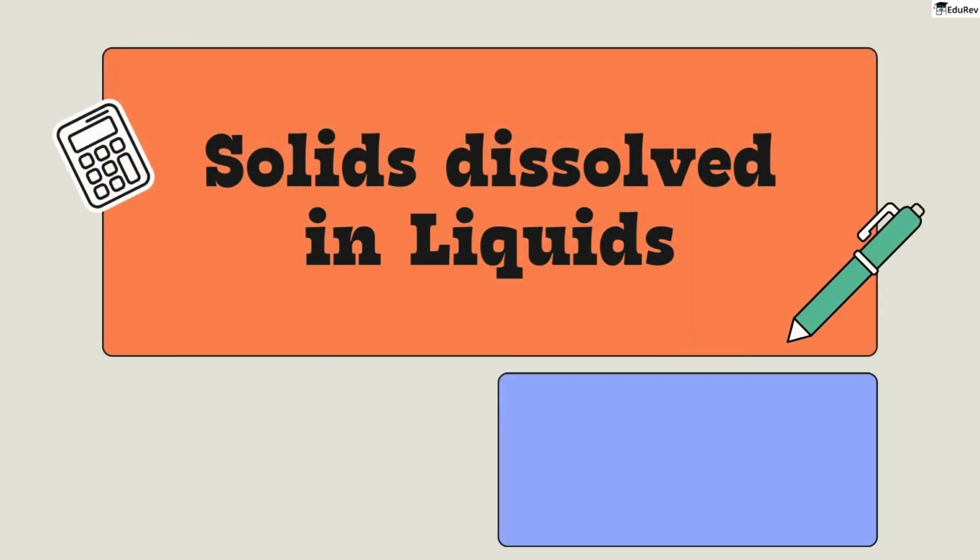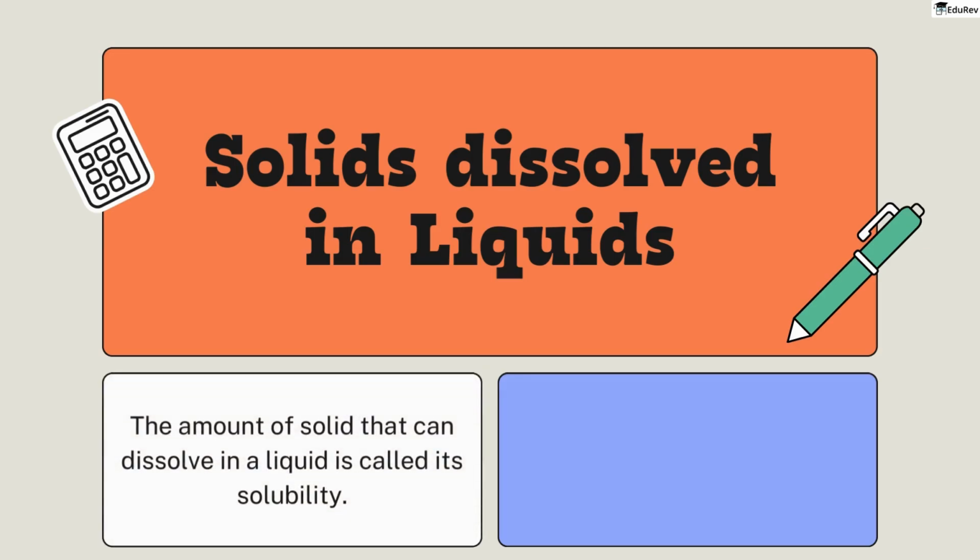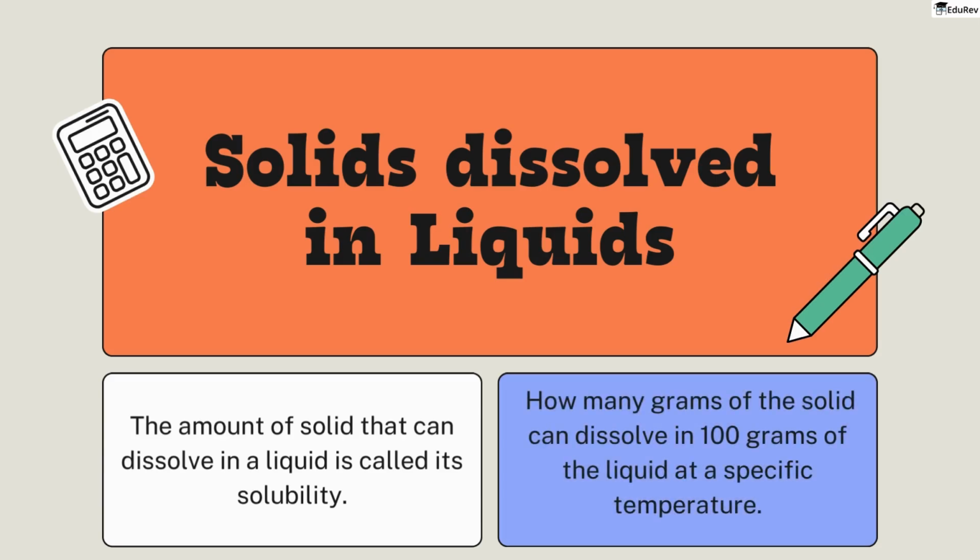Now, let's focus on a common type of solution, solids dissolved in liquids. The amount of solid that can dissolve in a liquid is called its solubility. This is usually measured as how many grams of the solid can dissolve in 100 grams of the liquid at a specific temperature. Interestingly, temperature affects solubility differently for different substances.